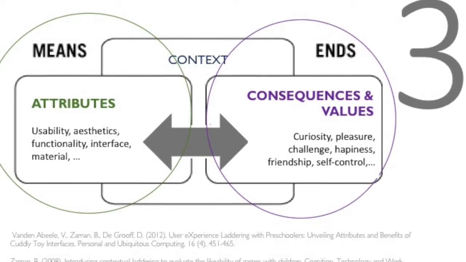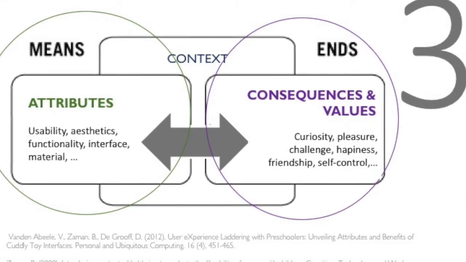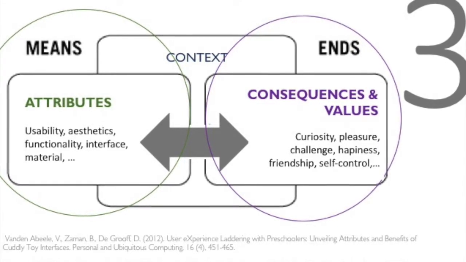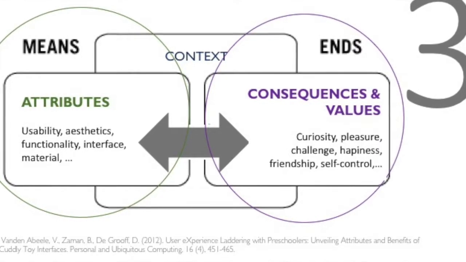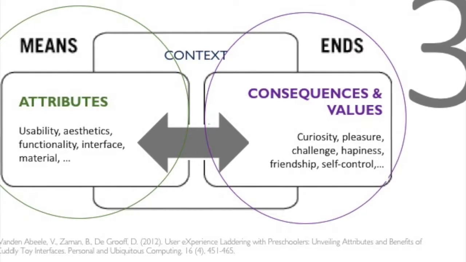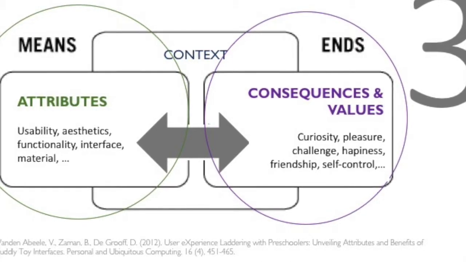So in other words, when children mention, for instance, some usability issues or some interface aspects as an explanation for why they prefer a particular piece of technology, the in-depth one-on-one laddering interview asks several why questions to get to understand why it is that this particular product attribute is so important.